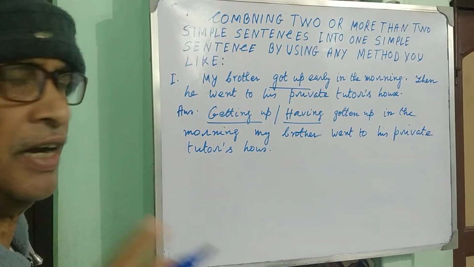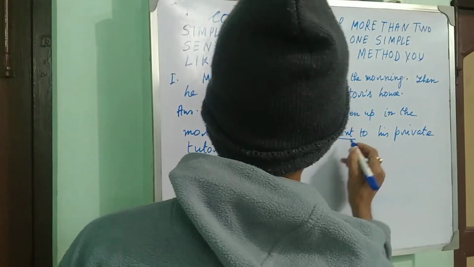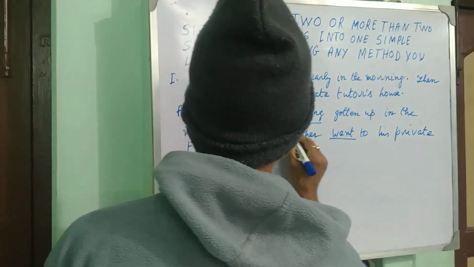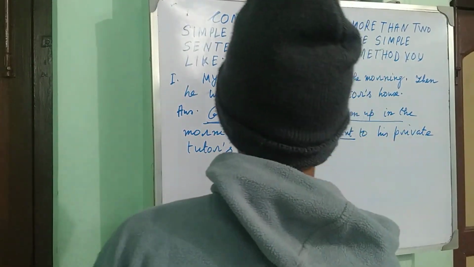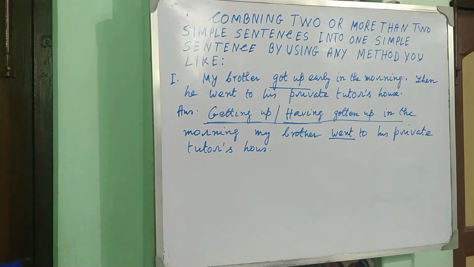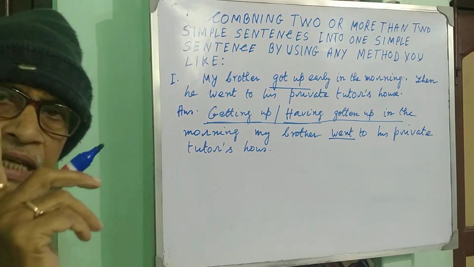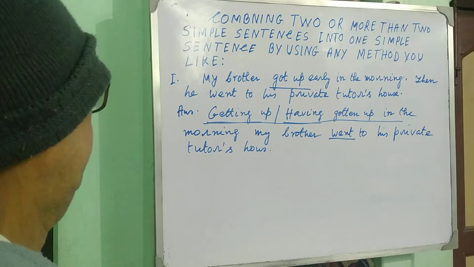And there is only one finite verb, that is went. And this portion is called participle. Clear? Because the subject is the same person, that is my brother.